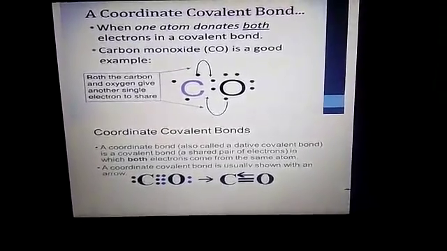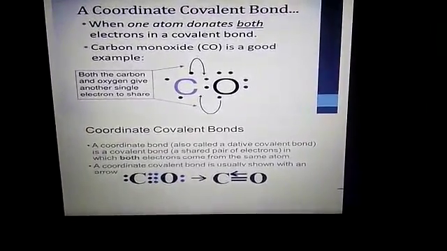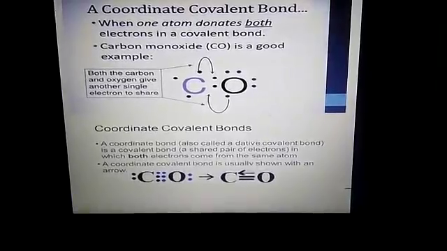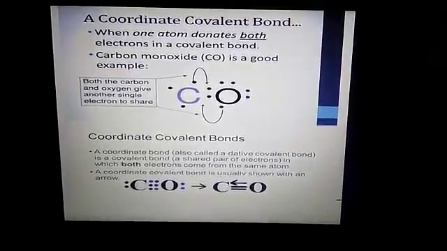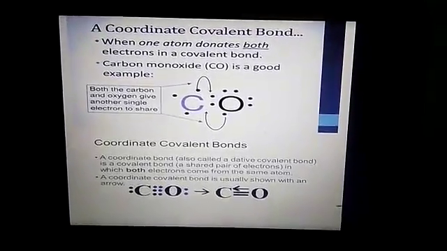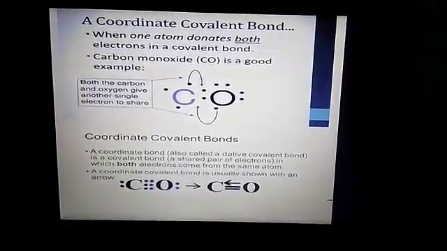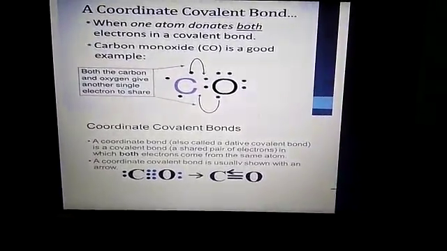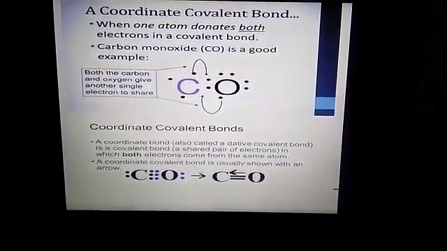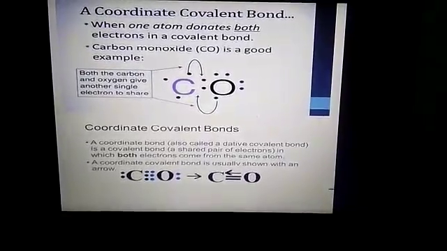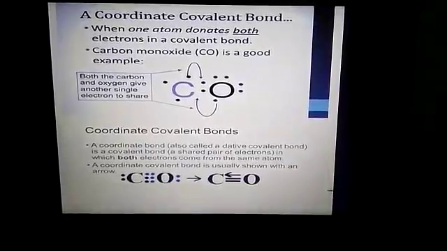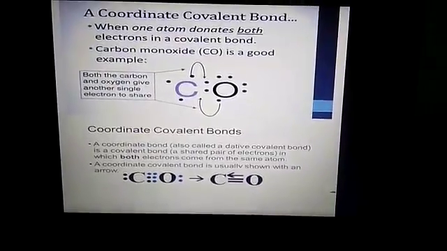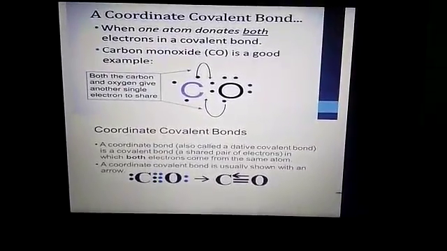Both electrons come from the same atom. If you see the carbon and oxygen atoms, both the carbon and oxygen give a single electron to share. So this is carbon monoxide.